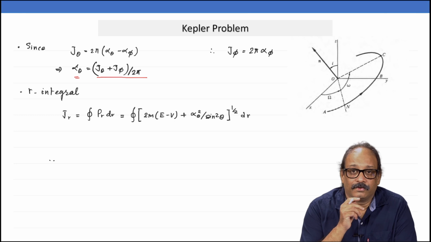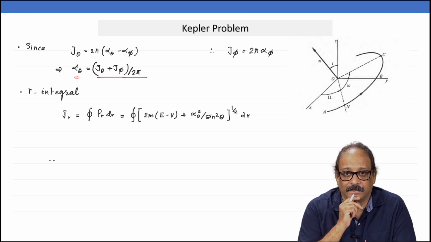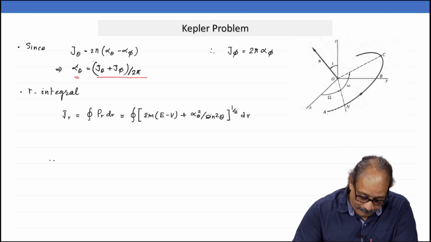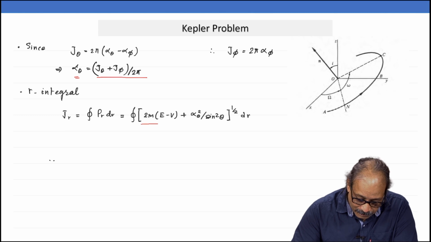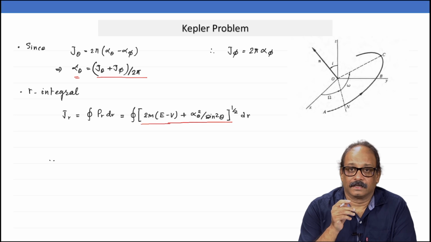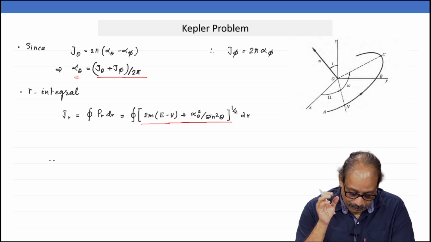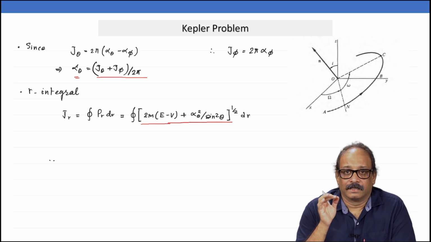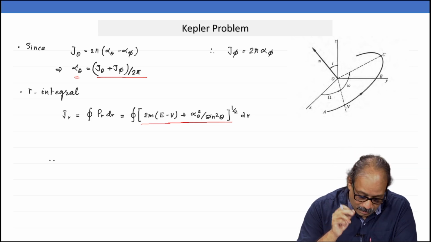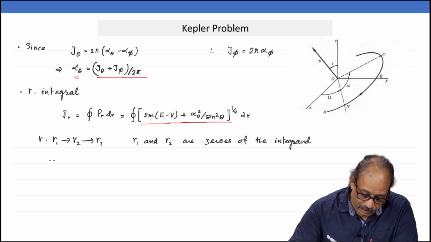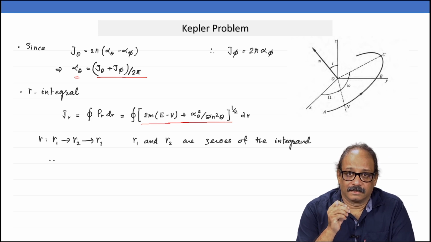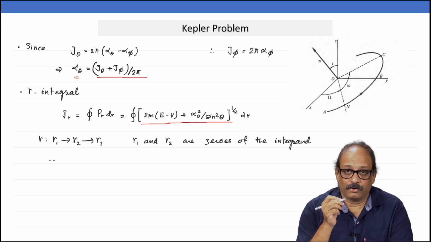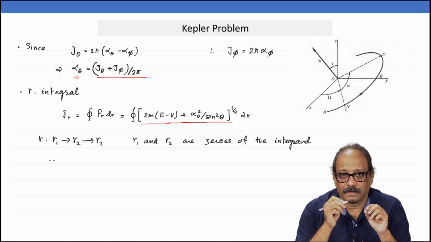If I now look at the third integral, the R integral, then I now have the integral of square root of 2m into E minus V plus alpha theta square divided by sin square theta. And the cycles are like this. You go from R1 to R2.